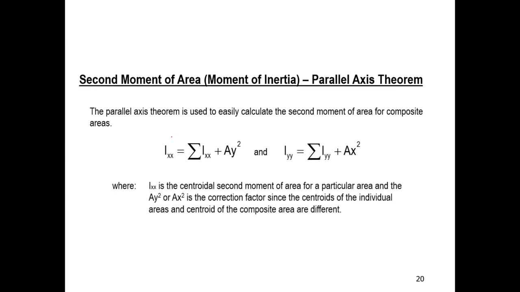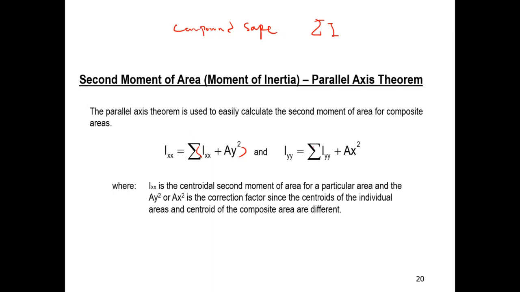So here you have the current moment of inertia. You break that into a number of, this is a compound shape, so you sum up the individual I's, but then each I would have its own coordinate system.